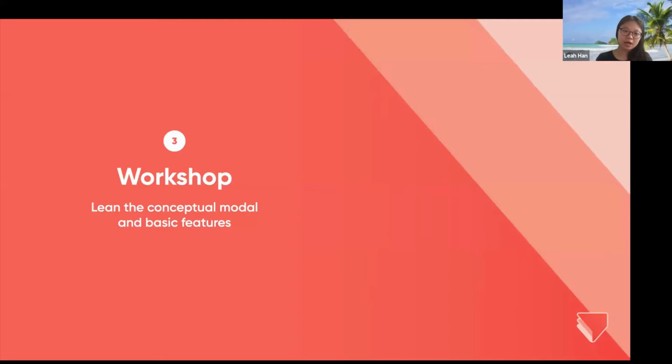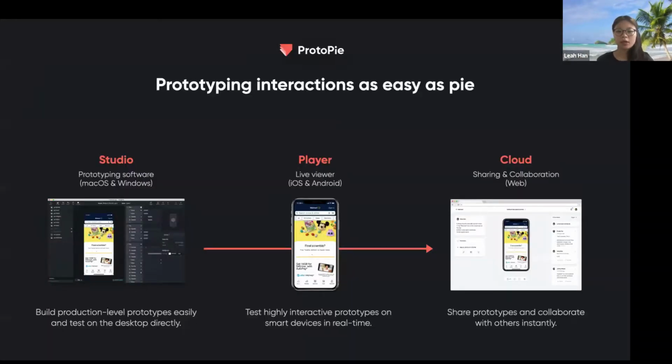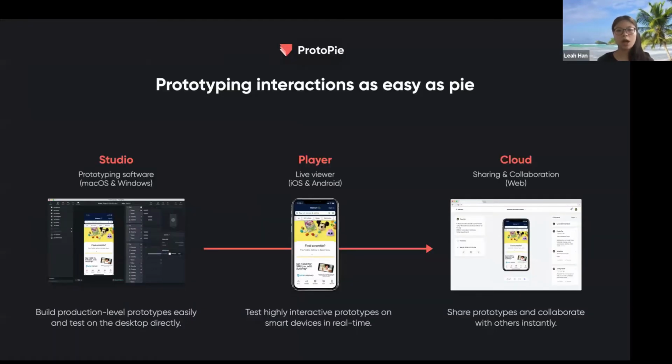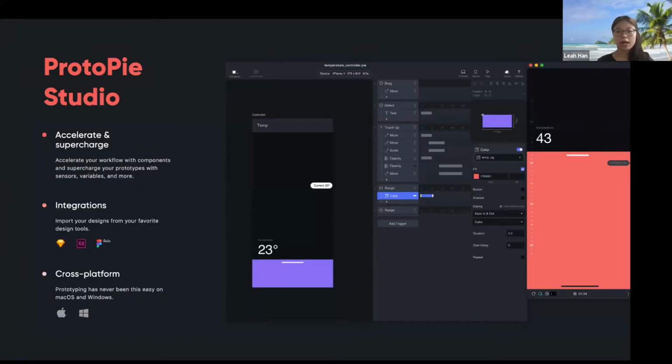Okay, now let's start our workshop. Today, before we learn how to use ProtoPie, we need to know that ProtoPie has 3 parts. One is Studio, one is Player, and another one is Cloud. In the Studio, you can make interactions, so add interaction pieces.